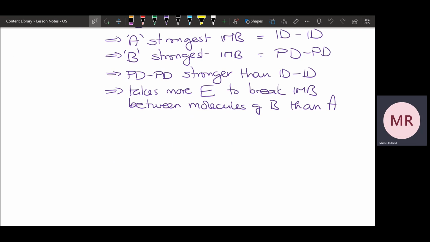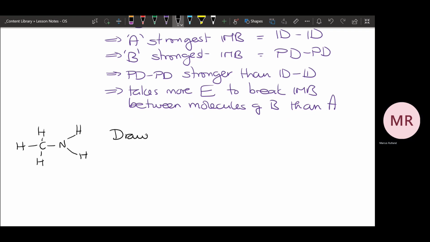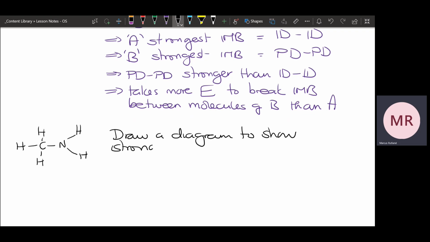If you get shown this molecule, and you get asked to draw a diagram to show the strongest type of intermolecular bond between two of these molecules.